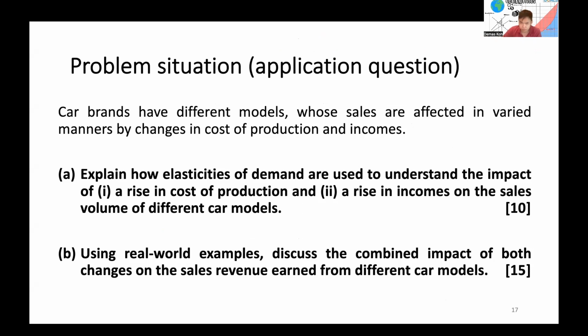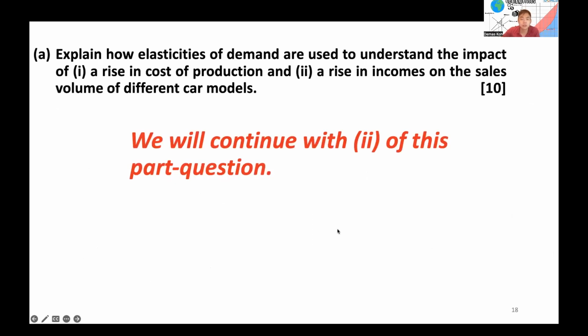And this video is still at Part A: explain how elasticities of demand are used to understand the impact of Part 1, a rise in cost of production, and Part 2, a rise in incomes, on the sales volume of different car models. We have addressed the first part of Part A in the previous video, and in this video we'll continue with Part 2 of this question.